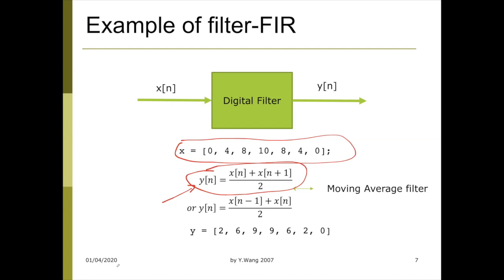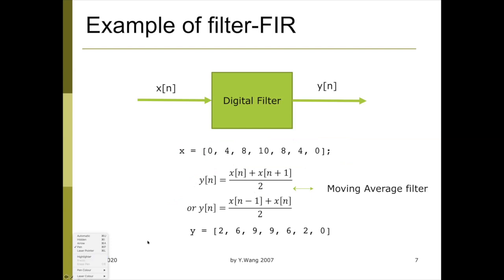The equation representing the moving average filter is fairly simple. You just say yn equals xn plus xn plus 1, divided by 2, or yn equals xn minus 1 plus xn, divided by 2. So you take two neighbor values, and then you calculate the output based on the average of these two values.